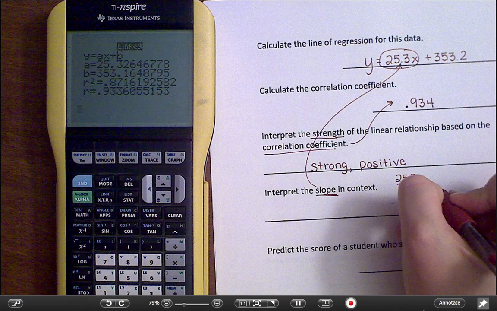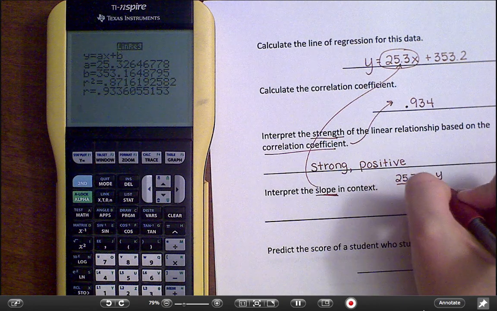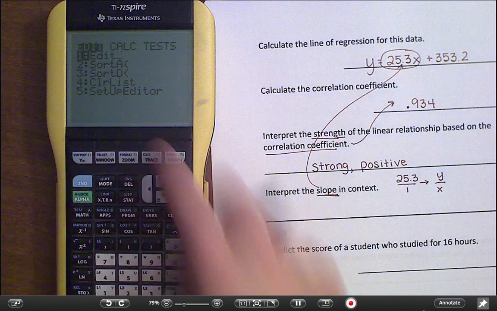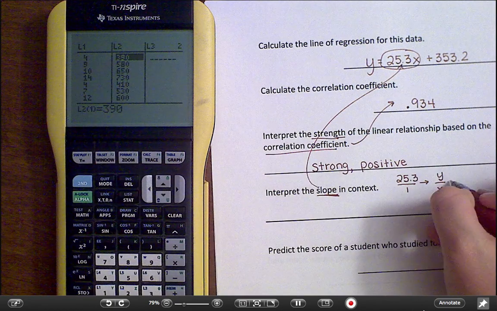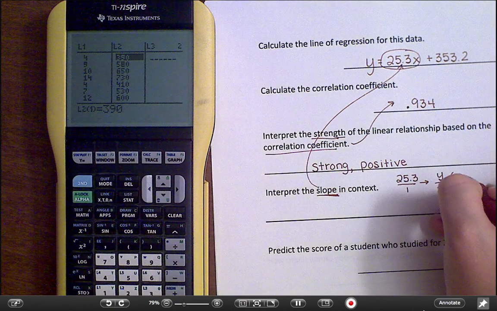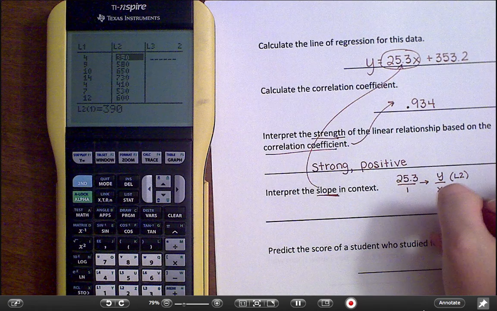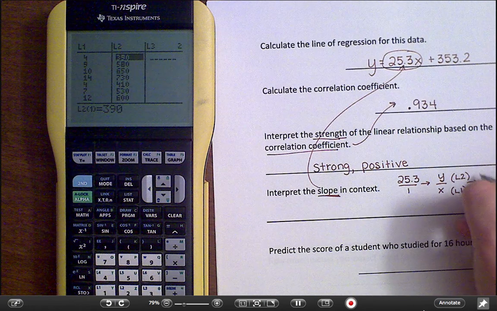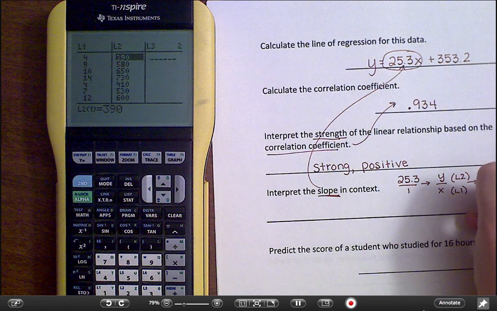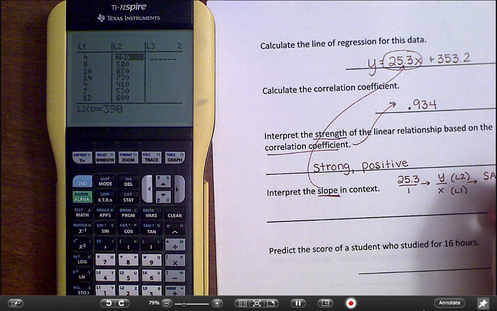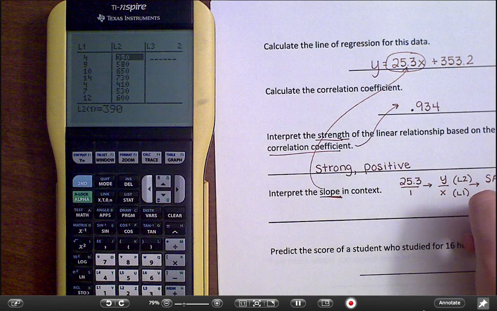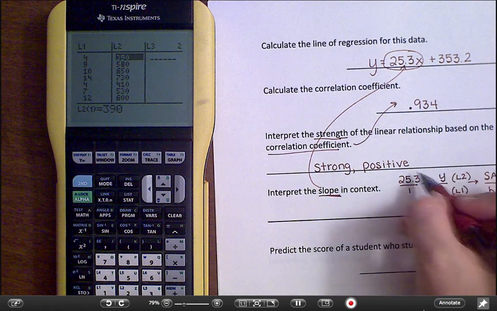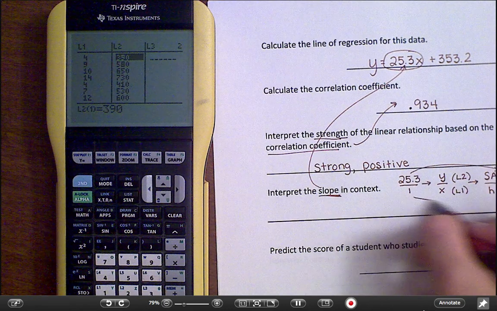And remember that slope is your change in your y values over your change in your x values. Well, in this case, because we were using our lists, the y values are really like our L2, and the x values are really like our L1. Okay? So L2, that was my SAT score. And L1, that was my hours. So here's what that means if I connect it here and here.